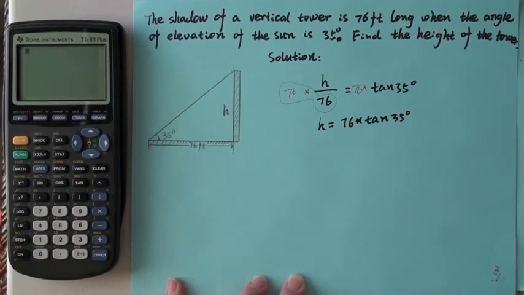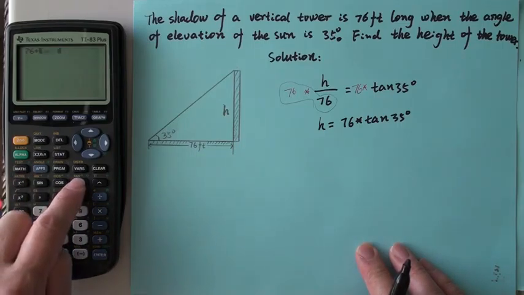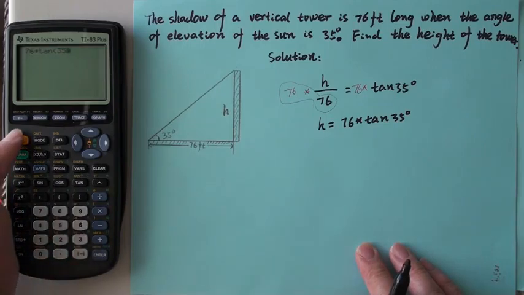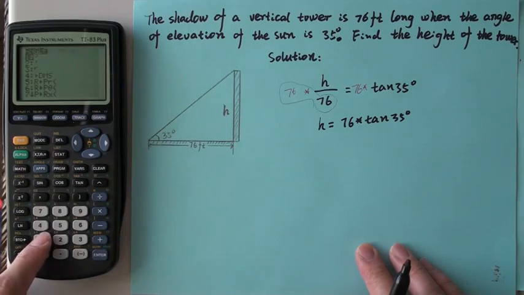We may use the calculator. 76 times tan, the one right here, and then 35 degrees, close parentheses.